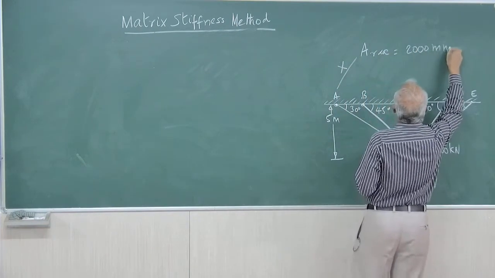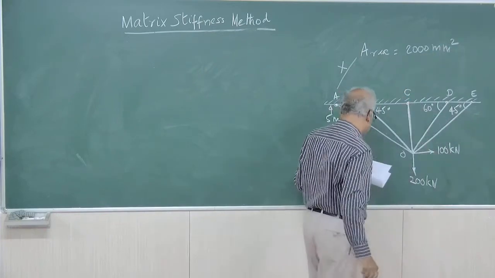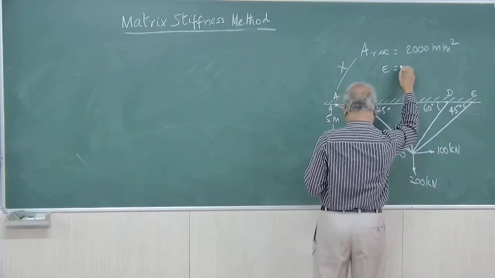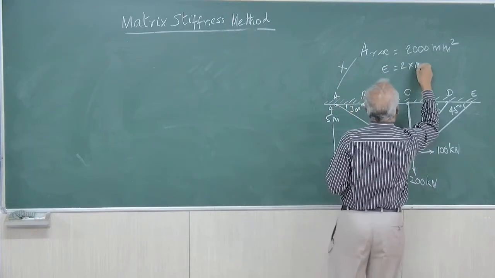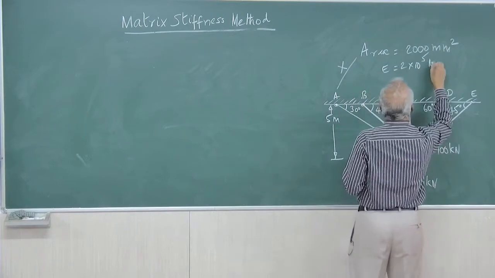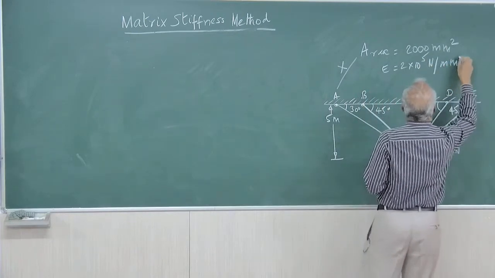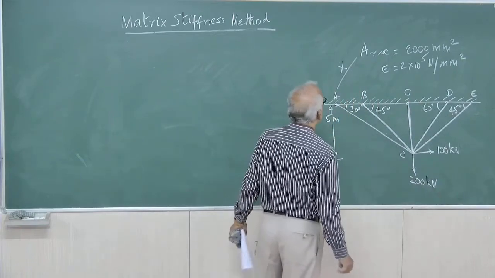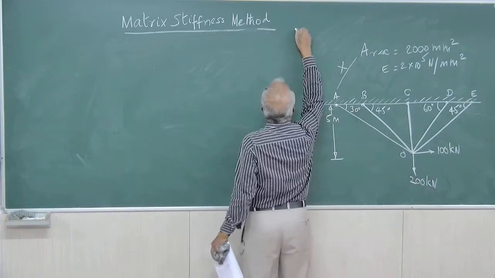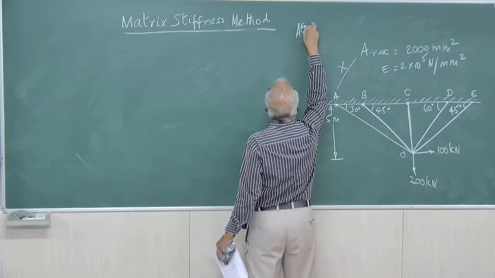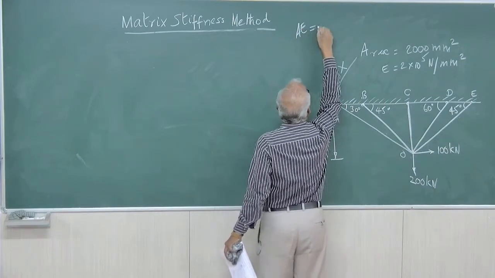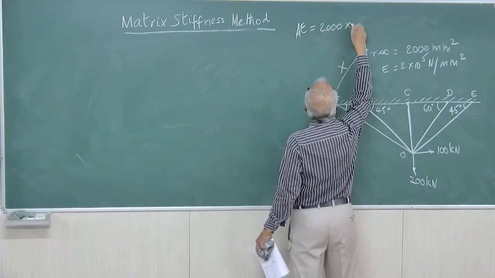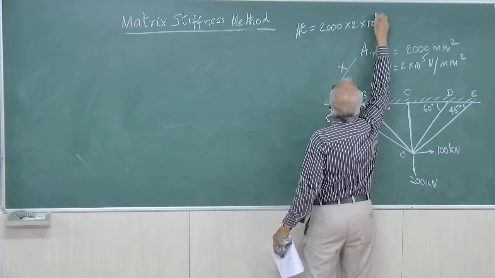For each member, area of cross section is 2000 mm square, and Young's modulus E equal to 2 into 10 power 5 Newton per mm square. Therefore, we will be requiring the value of AE, which will be required later. AE will be equal to area 2000 into E equal to 2 into 10 power 5.